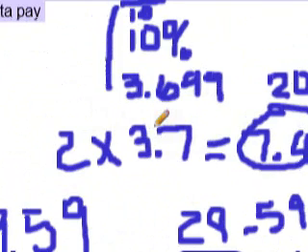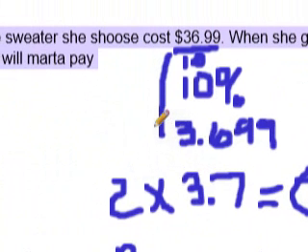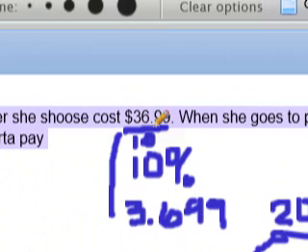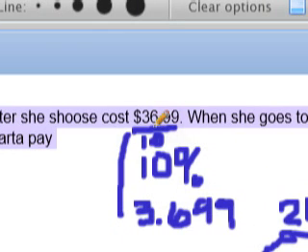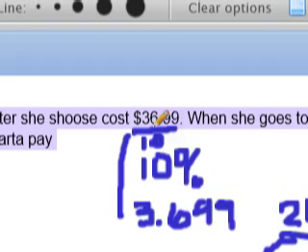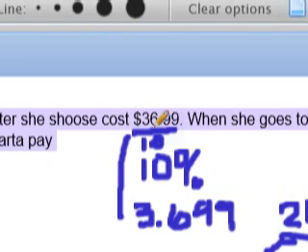We took time to do this just to explain it to you, but if you have to do it mentally, you just divide by 10. You say 3.699 is about 3.7, and 2 times 3.7 is 7.4. That's the 20% quickly.